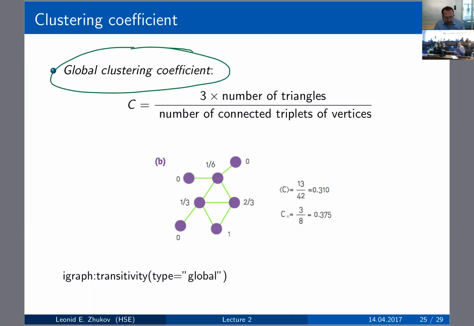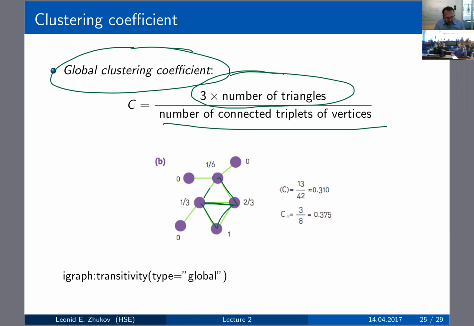And the way it is introduced and computed is very simple. It is 3 times the total number of triangles in the network divided by the number of connected triples. So let me show what it means. Here, this is a triangle, this is a triangle, right? So to calculate it, we need to do 3 times the number of triangles, and there are 2 triangles.